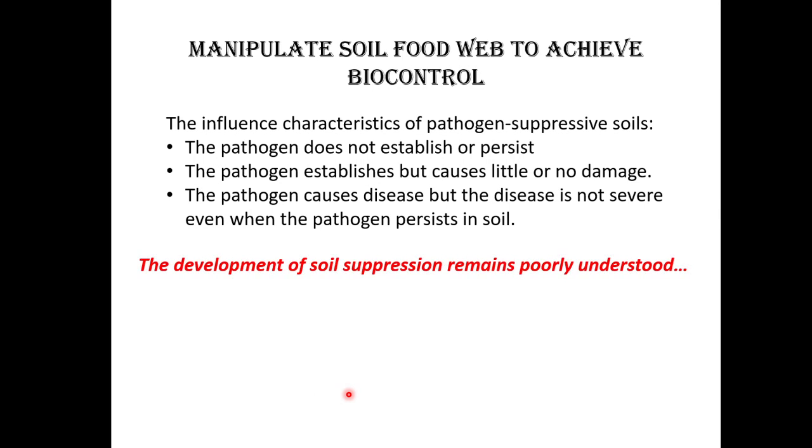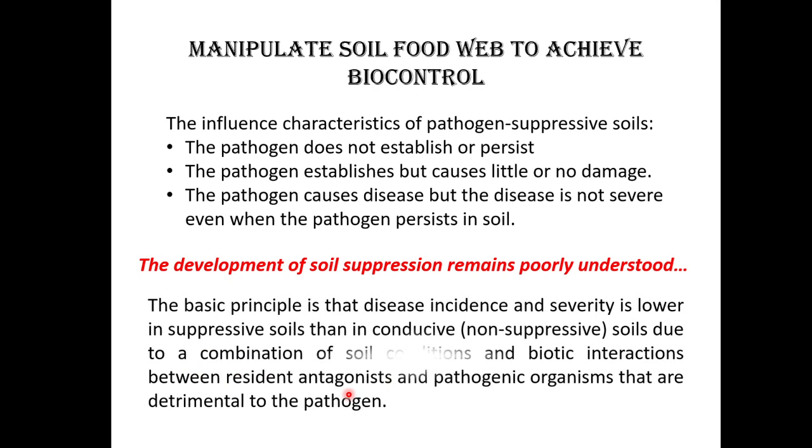While the development of soil suppression remains poorly understood, the basic principle is that disease incidence and severity are lower in suppressive soils than in conducive soils due to a combination of soil conditions and biotic interactions between resident antagonists and pathogenic organisms that are detrimental to the pathogen.